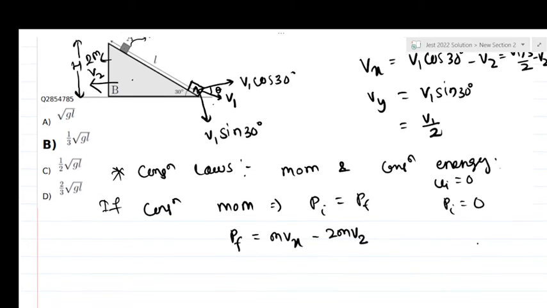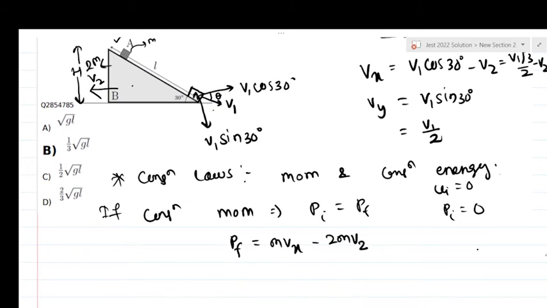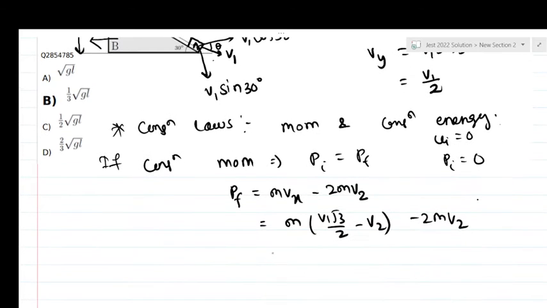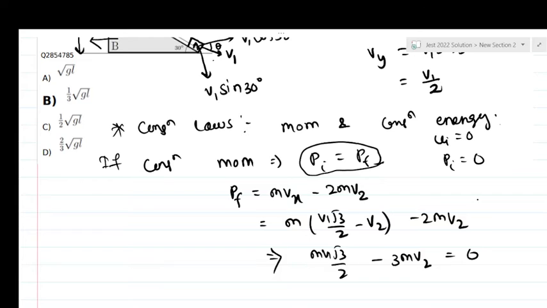If you put the value of Vx, that will be m times (v1 root 3 by 2 minus v2) minus 2m v2. Simplifying, that is m v1 root 3 by 2 minus 3m v2. So Pi equals Pf, and Pf is 0.